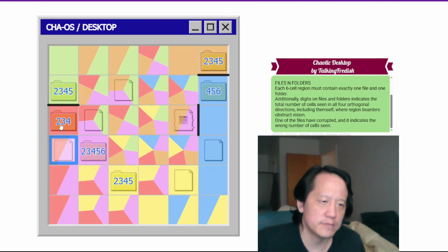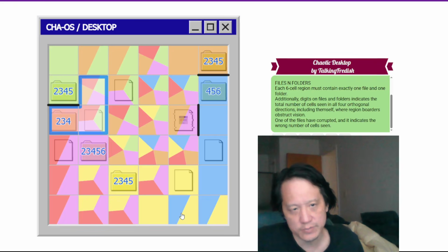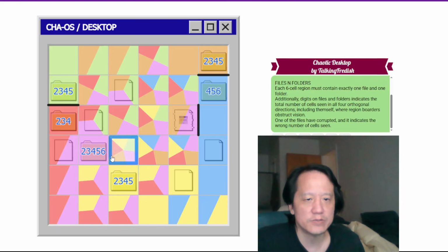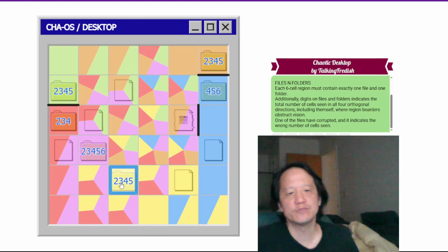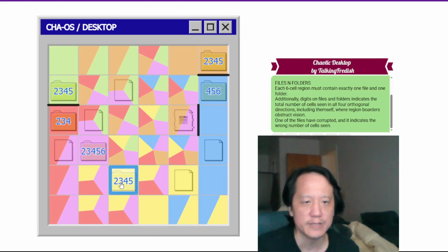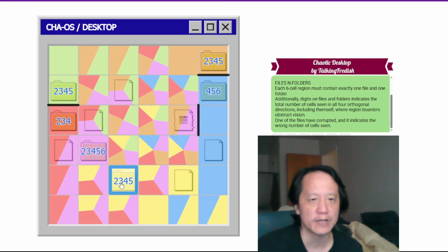But red could go here and then go there. That is possible. So the red file would not necessarily be corrupted here, which is the issue I'm trying to resolve, because since one of the files is corrupted, we can't limit the files yet, which is kind of problematic.